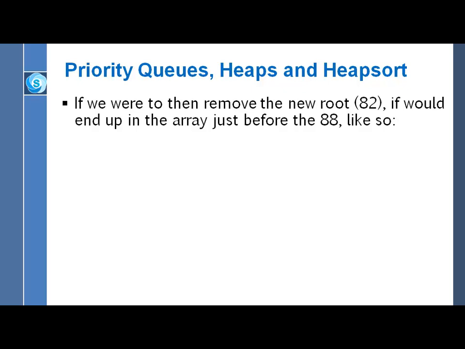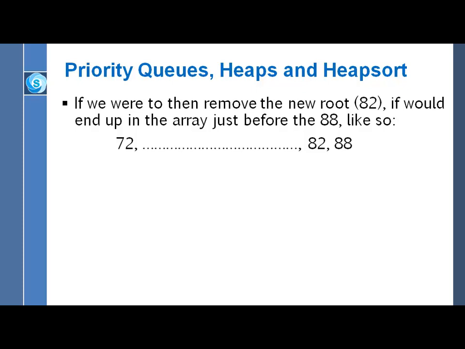I point that out because I want you to now think what would happen if we continue to extract from the top of the heap. Okay, so if we did another extraction, then the priority 82, which is currently the priority of the root, would get swapped into a position just before 88 in the array.